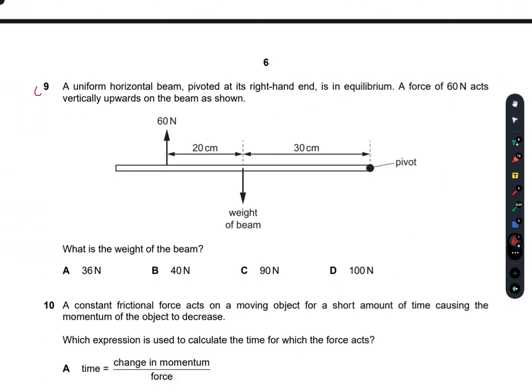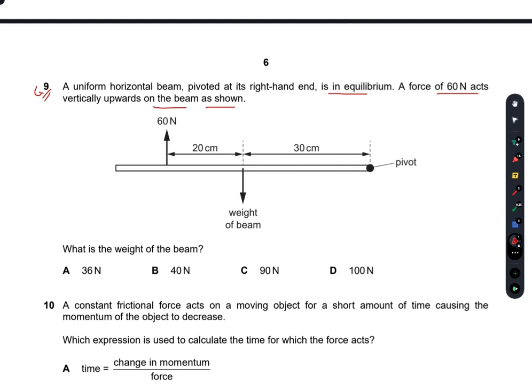Question number 9 is a very easy question again. A uniform horizontal beam pivoted at its right end is in equilibrium. A force of 60 newtons acts vertically upward on the beam as shown. So what is the weight of the beam? Now this beam is balanced and there is not any object placed on this beam.